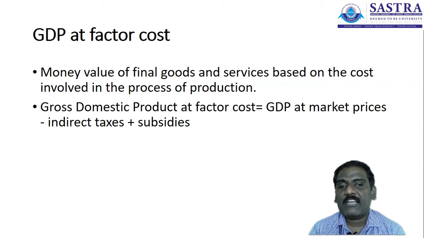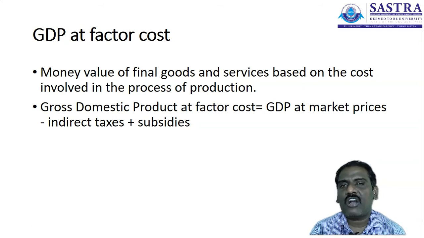So the gross domestic product at the factor cost is calculated on the basis of gross domestic product at the market price minus indirect taxes plus subsidies. Together it is calculated at the factor cost. It means at the production cost, the cost at which the producer is going to give the product to the end consumer.